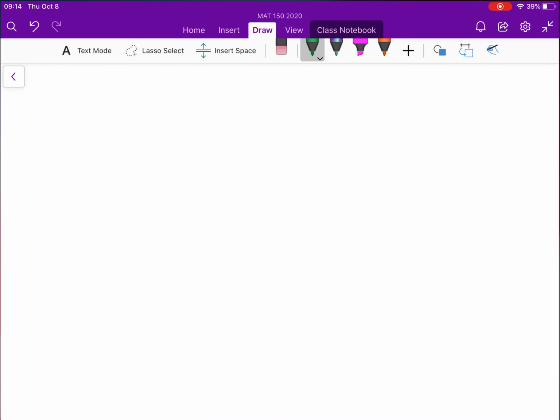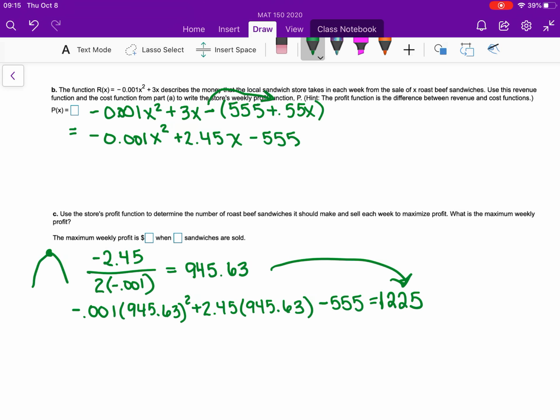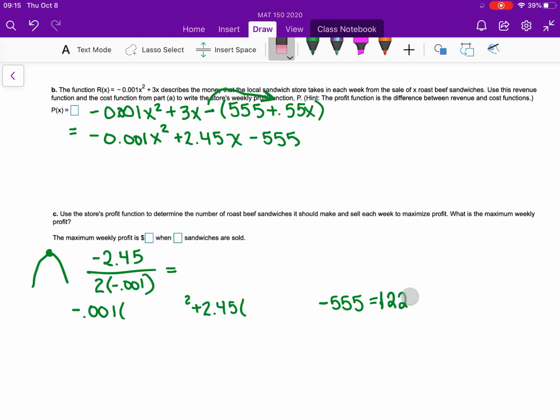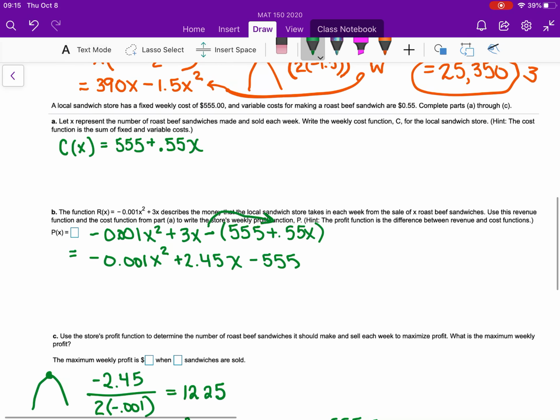So I didn't actually do my math. These two are switched. I actually get the sandwiches first, which makes sense had I thought this through.